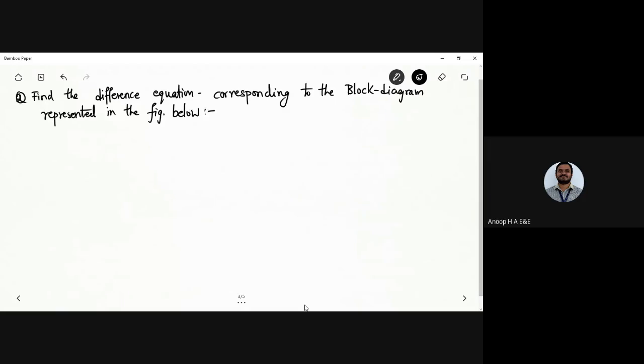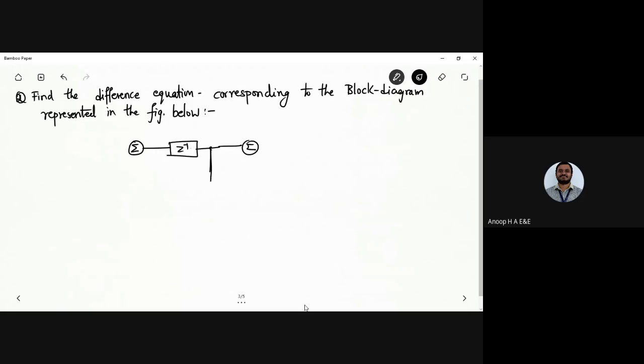Okay, so let me write down the block diagram. So this is the summer, and you are going to have a delay block like this, and one more summer.